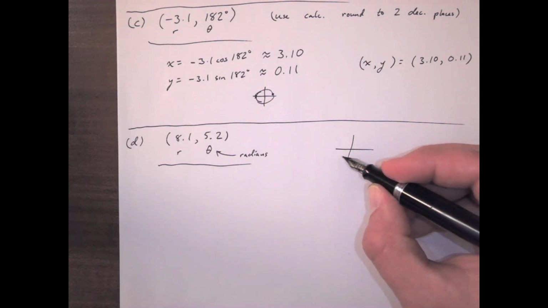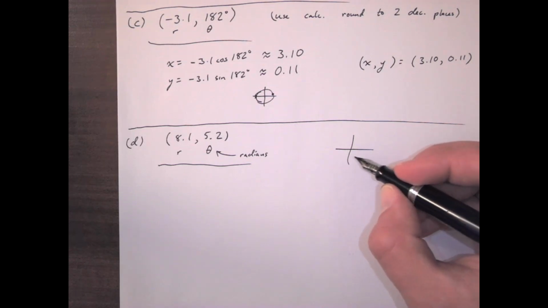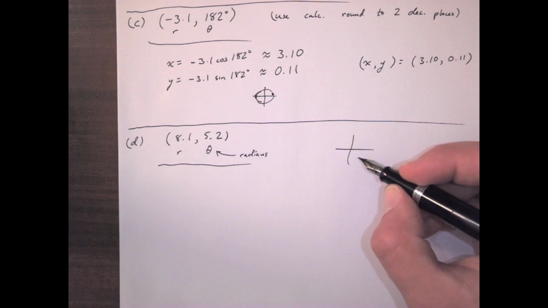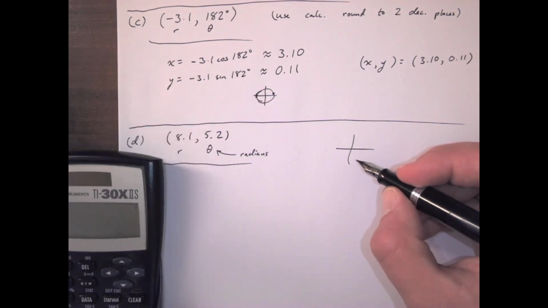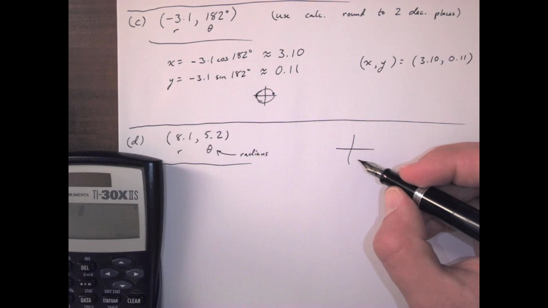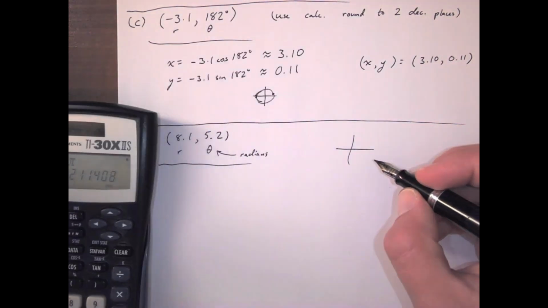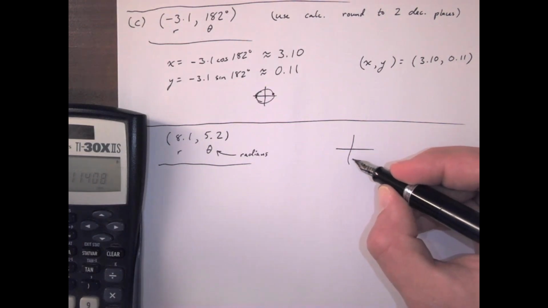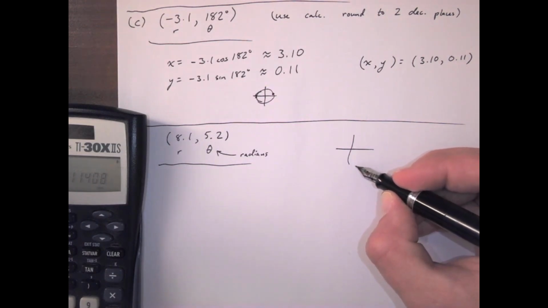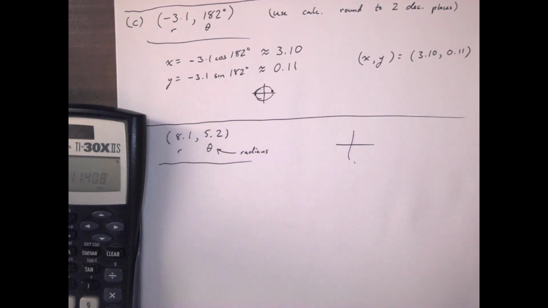And as far as which of these sides it's on, a little hard to say. So let's think about this. What is 5.2 divided by pi? It's apparently 1.6. So that makes it a little bit more than pi and a half, which means we're talking about something down here. And it's going to be going down like that.